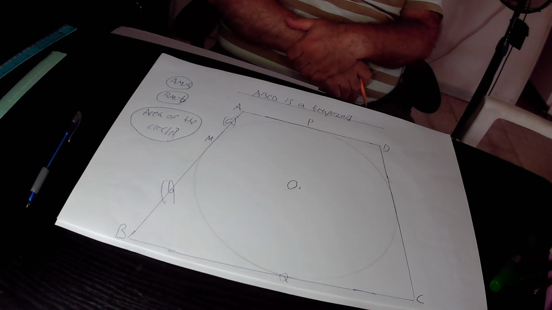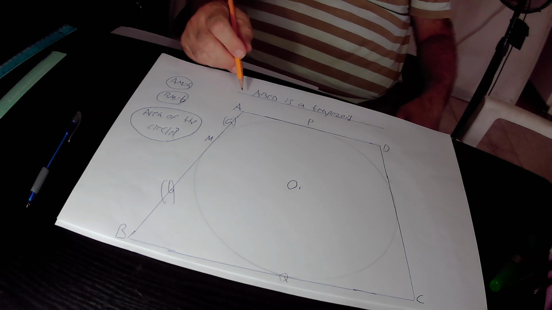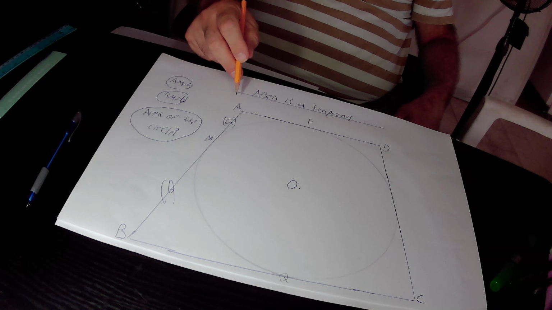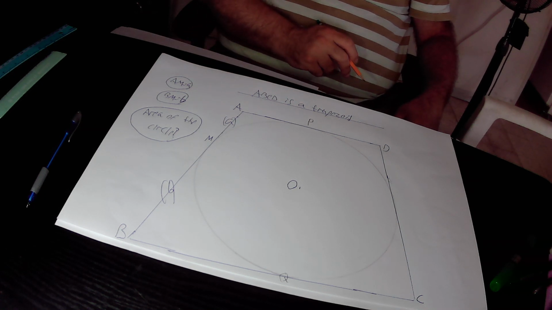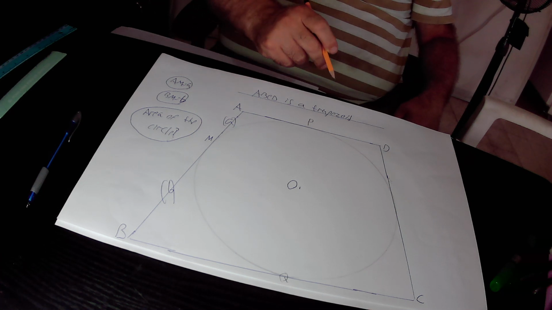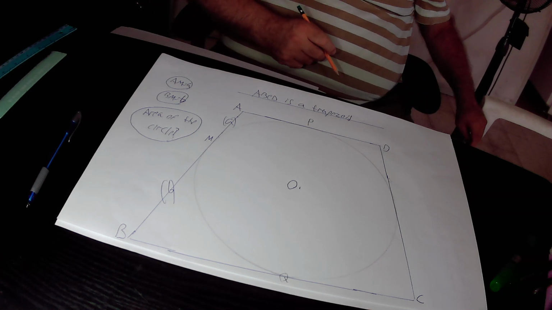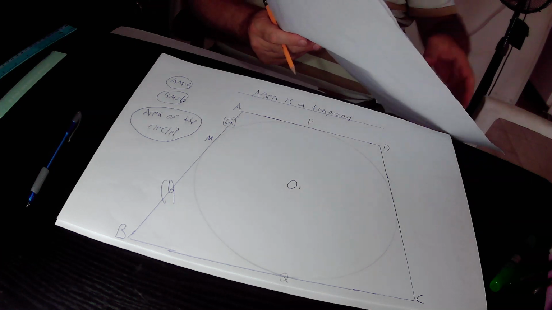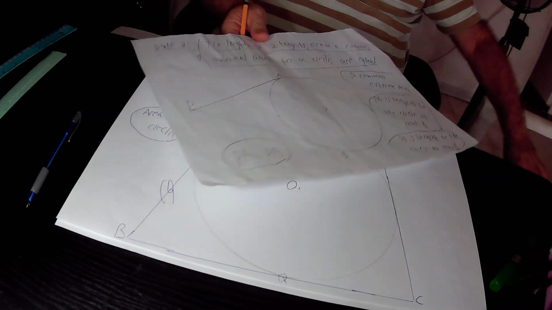And we will focus on this external point A. From this external point A, we have two tangents to this circle, tangent AM and tangent AP. According to rule 2, they are equal to each other. That is to say, AM equals AP. I'll read rule 2 quickly.